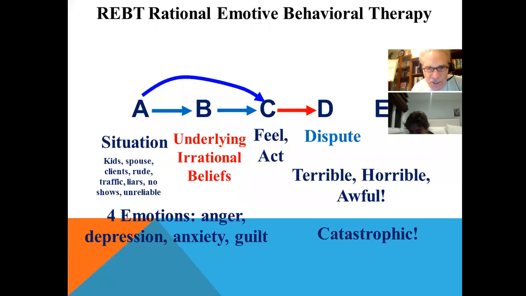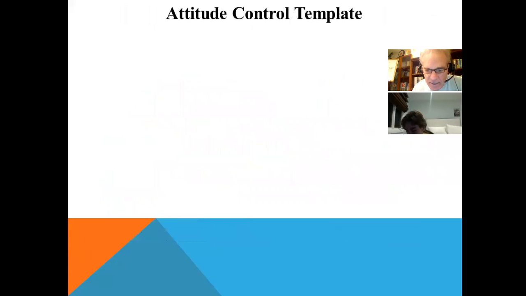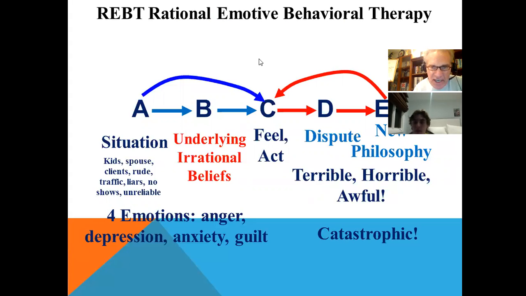What are we going to dispute? We're going to dispute our underlying irrational beliefs, and we're going to form a new philosophy. When we form a new philosophy, we change how we feel and how we act. So we dispute. I should have another arrow that goes from D to B. We dispute the underlying irrational belief, and we form a new philosophy.